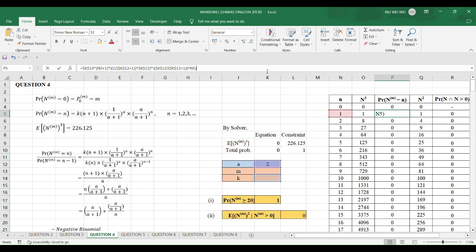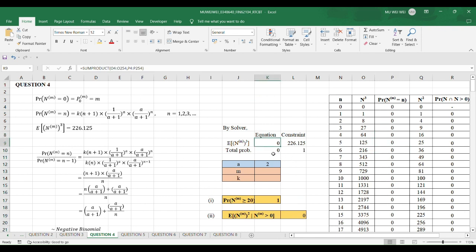It is equal to k, which is in cell K14, times n plus 1, times 1 over a plus 1 to the power of a, which is this cell right here, times a over a plus 1 to the power of n. Then we drag down the formula to the following cells, and we will get the probability of Nm for the corresponding values of n.